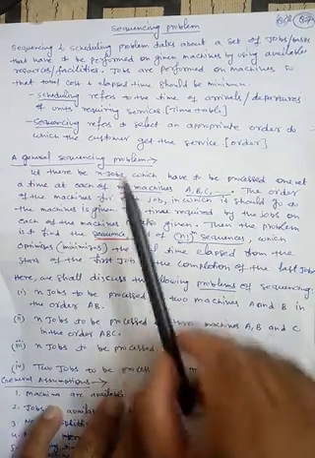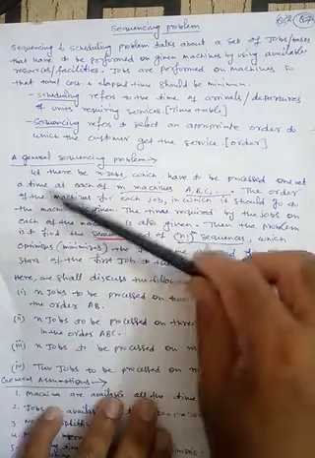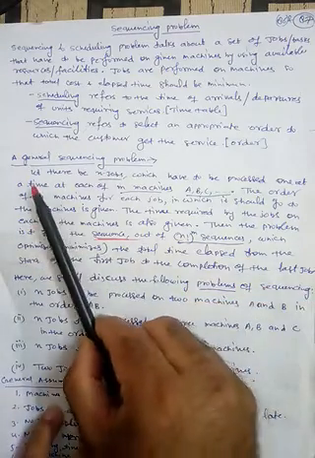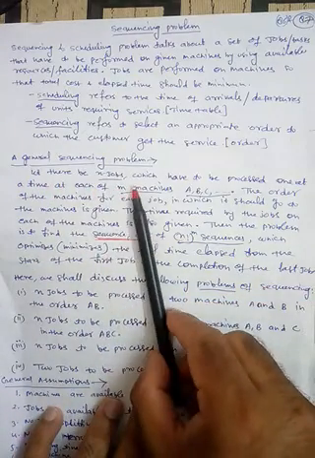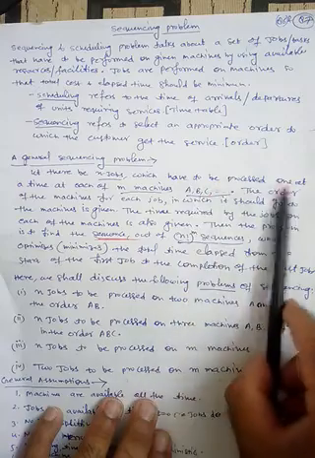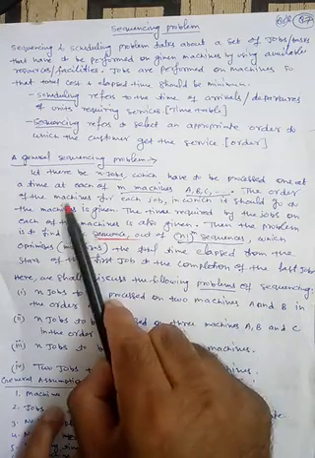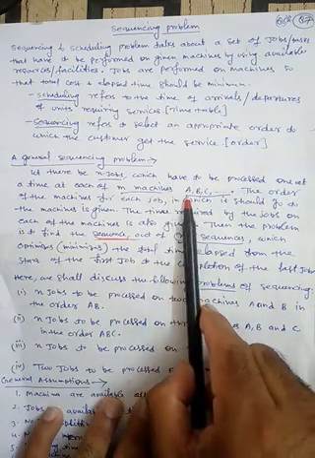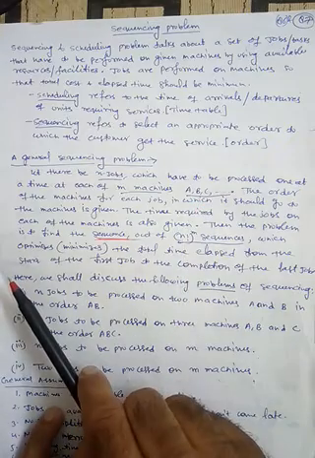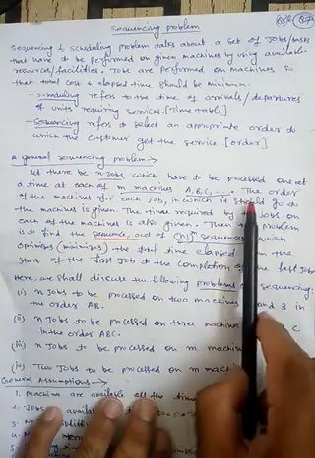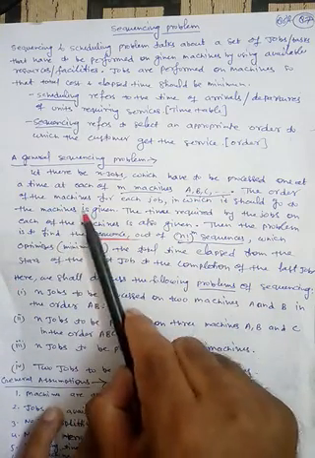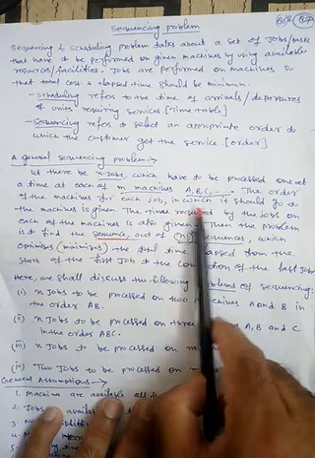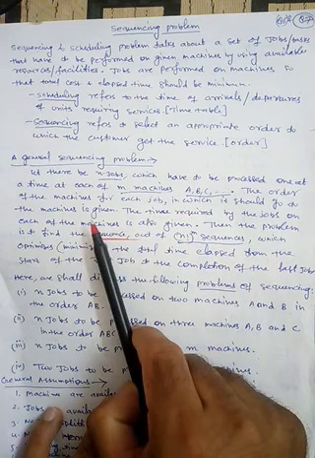A general sequencing problem is described herein. Let there be n number of jobs which have to be processed one at a time on each of m number of machines, denoted by capital A, capital B, capital C. The order of machines for each job, in which it should go to the machines, is given.